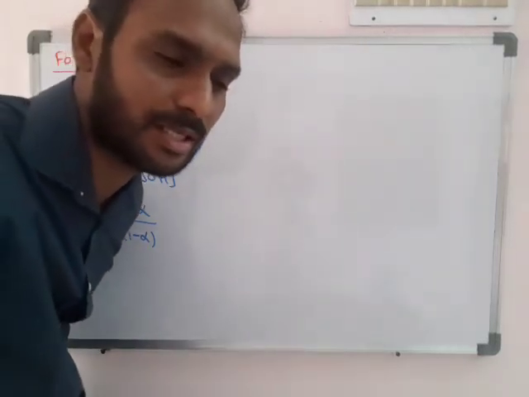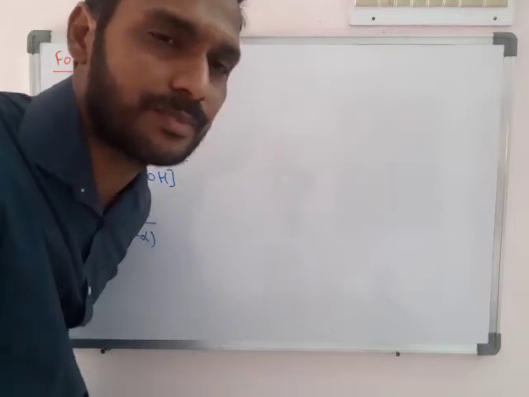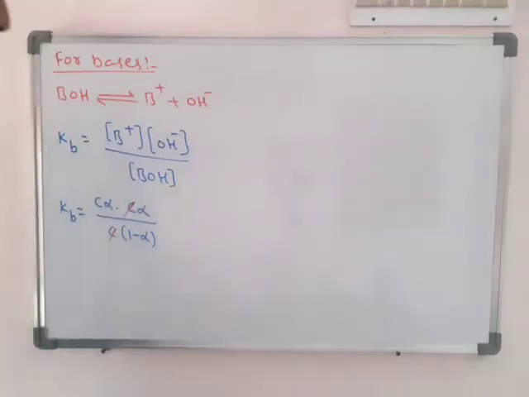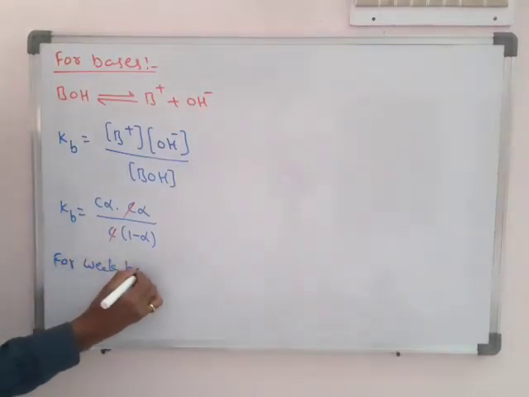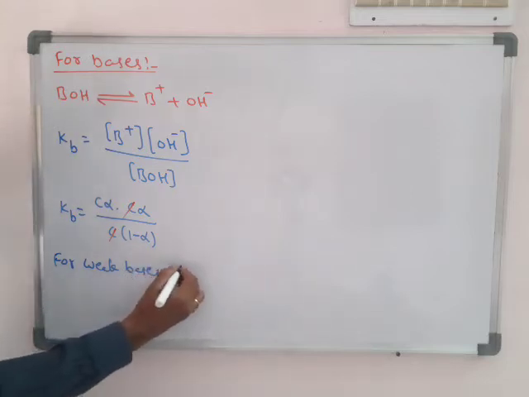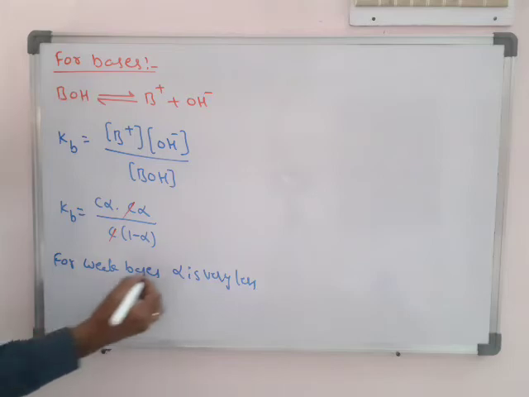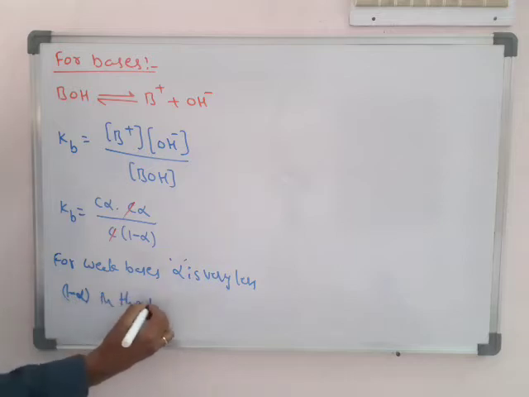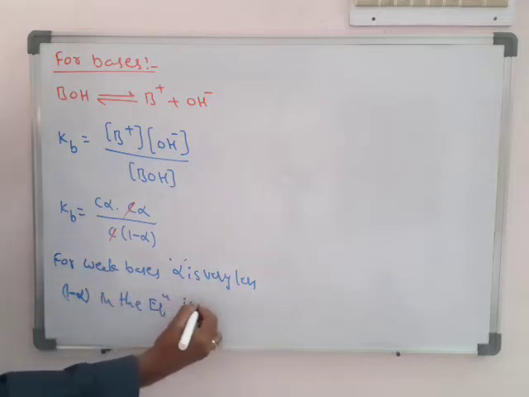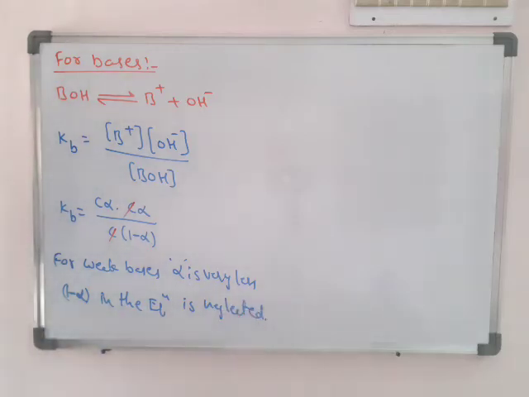So strong bases, no problem. For weak bases, we are applying these formulas. For weak bases, alpha is very less, so 1 minus alpha in the above equation is neglected.